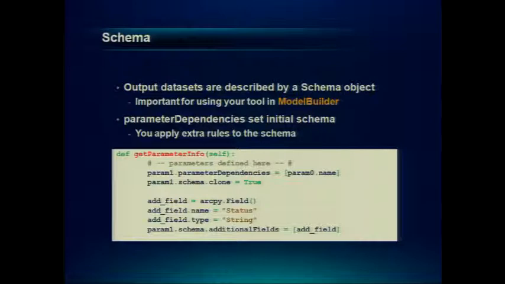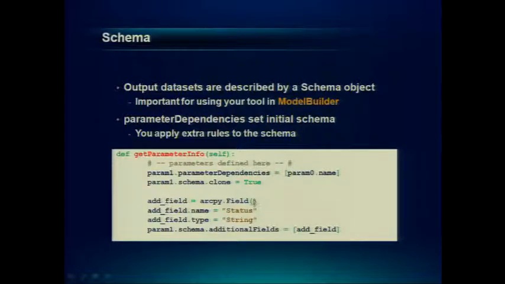So for instance, if you look at this code sample here, assuming some parameters have been defined ahead, I'm going to take a case where we have an input, say, feature class and an output feature class. And the output feature class is going to be entirely based on what the previous one was. But we're just going to do one thing, and we're going to, say, add a field. So I can set the parameter dependency back to the first parameter and then clone it to be true. That'll bring forward everything.